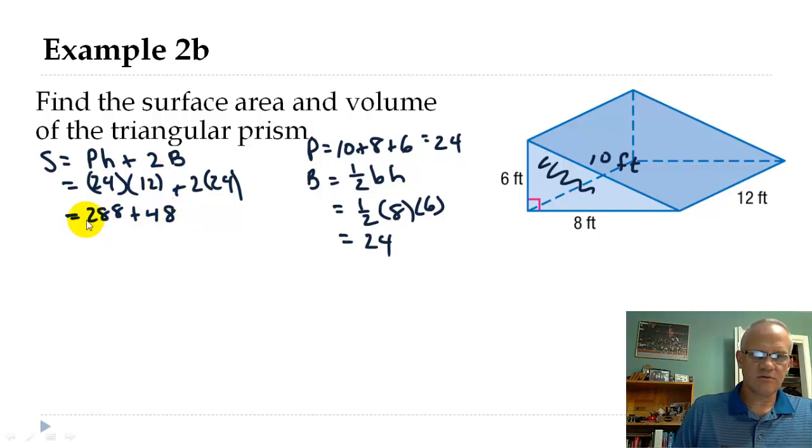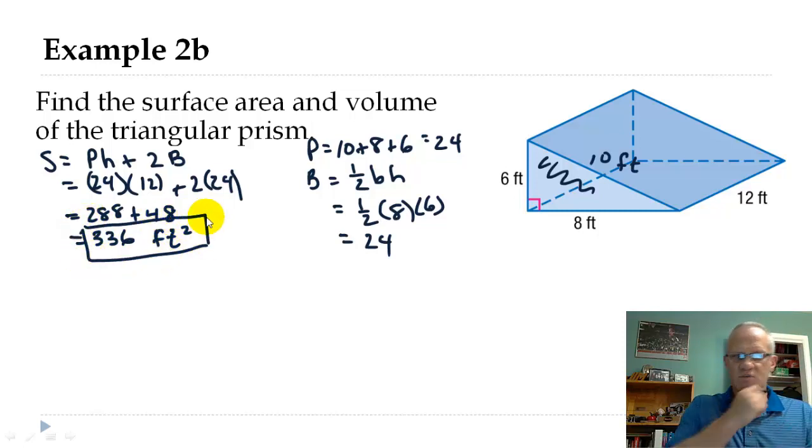And so altogether, 336, and that would be in feet squared. Okay, because that's the surface area, 2 dimensions.